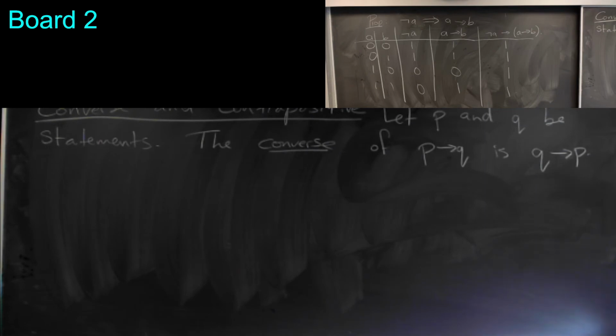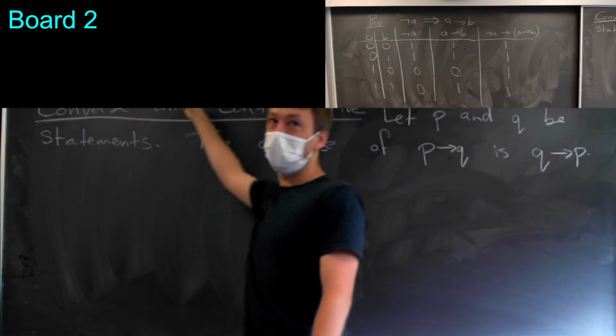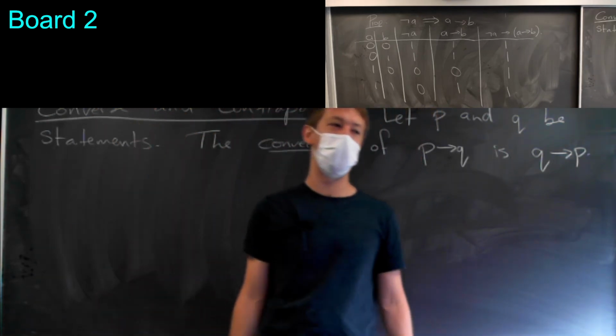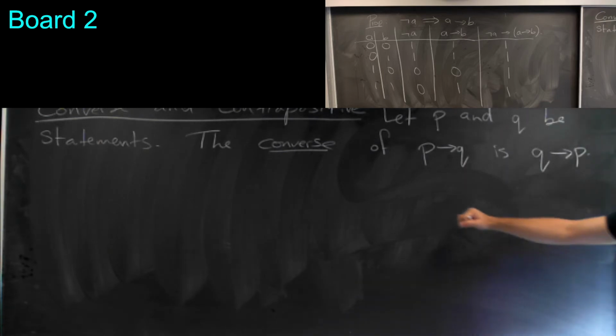So it's just backwards. One difficult thing about this section in the notes is that these words are maybe not that similar. This one's a lot longer, but they both start with con. You're going to need to really keep this straight: what is the converse, what's the contrapositive, and how are they different? This one is the converse.